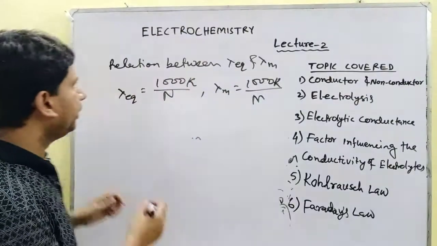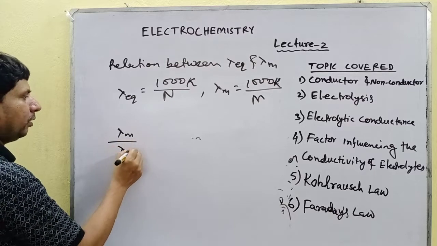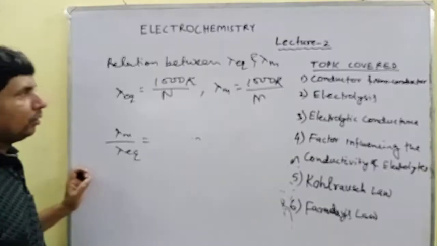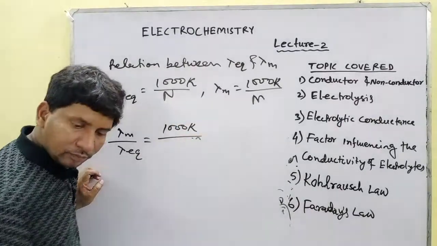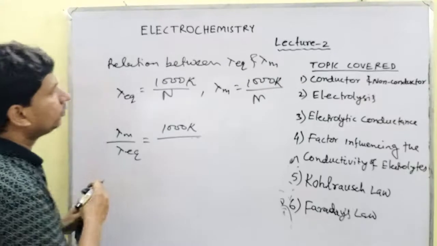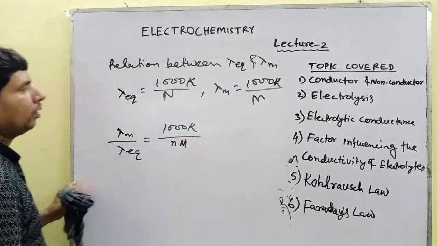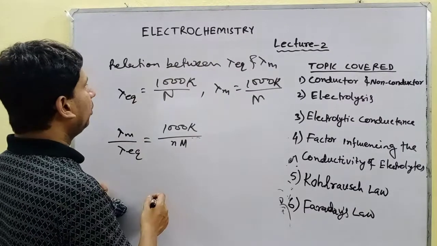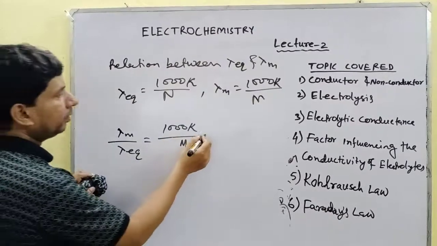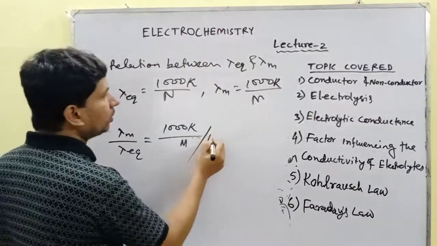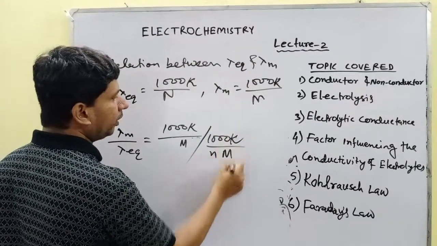Then we can write lambda m by lambda EQ, then 1000 kappa by molarity, divided by 1000 kappa by n into m.